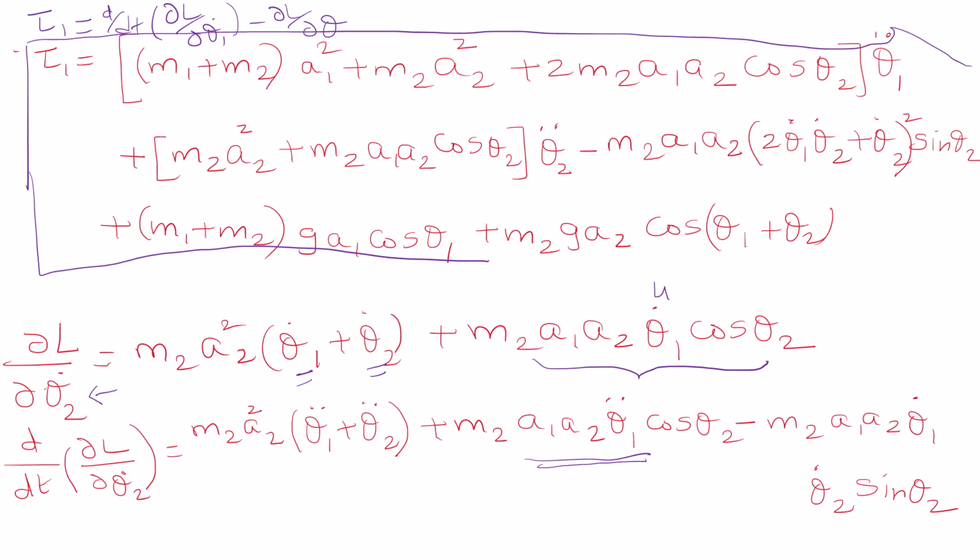If this is u and this is v, you will be getting θ1 double dot. Then for the second term, we are differentiating v, that is, m2 a1 a2 θ1 dot is constant. On differentiating cos θ2 with respect to time, you will be getting minus sin θ2 θ2 dot, right? So that is why you will be getting this minus sign here.